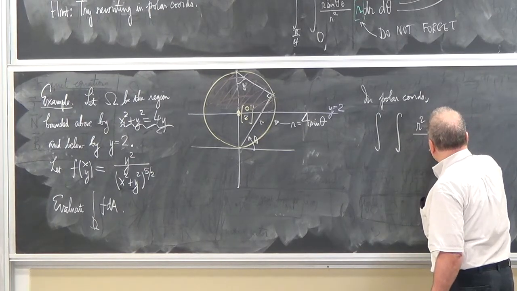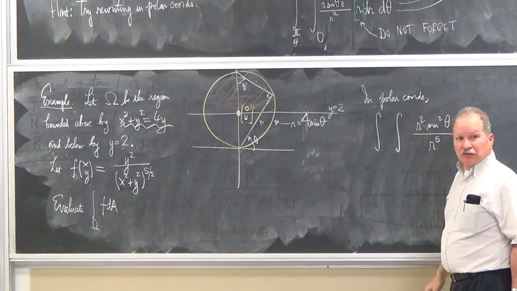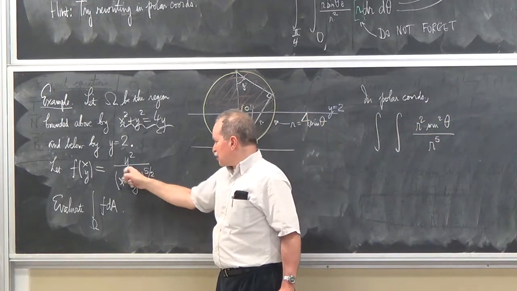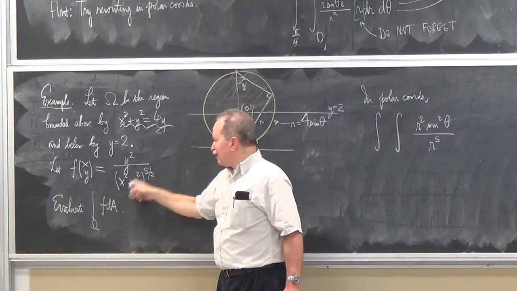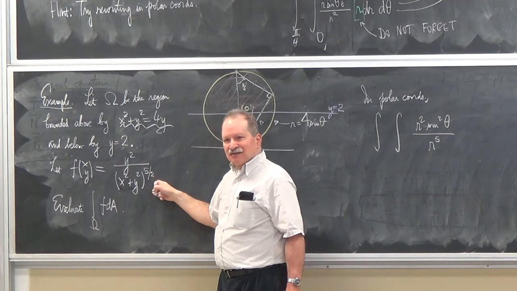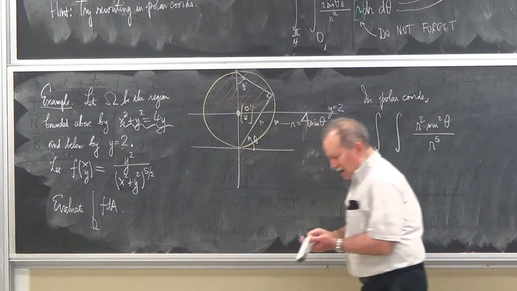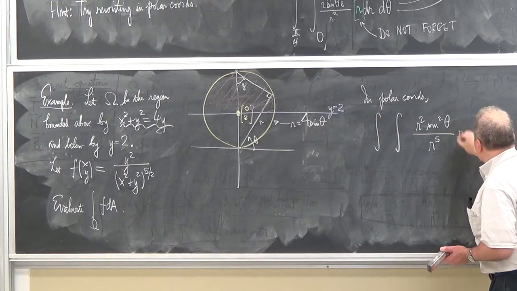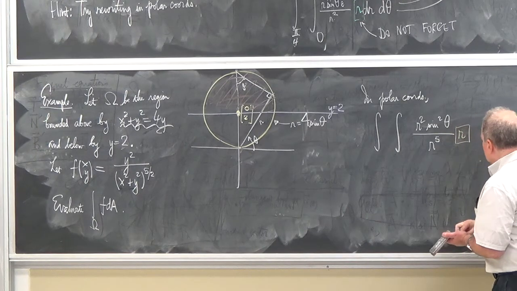Be careful here not to lose track of exponents. This is r squared to the 5/2. And don't forget the extra r, and then dr d theta.